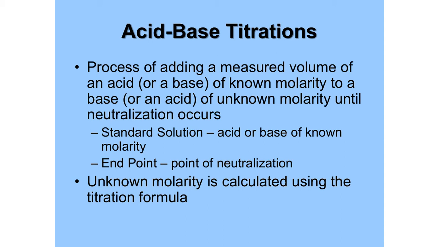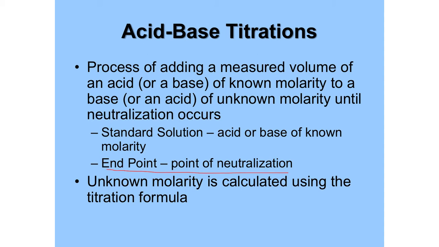Let's say it was 0.1 molar. And we would add 15 milliliters of it to a flask. Then we would add an indicator. Often phenolphthalein is what we use for this. Then we would add the base until we got the indicator to change color. That would be how we would signal the end point.